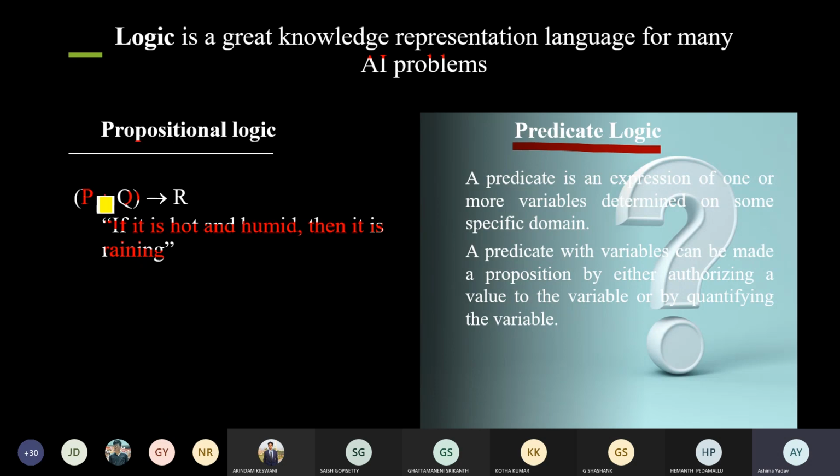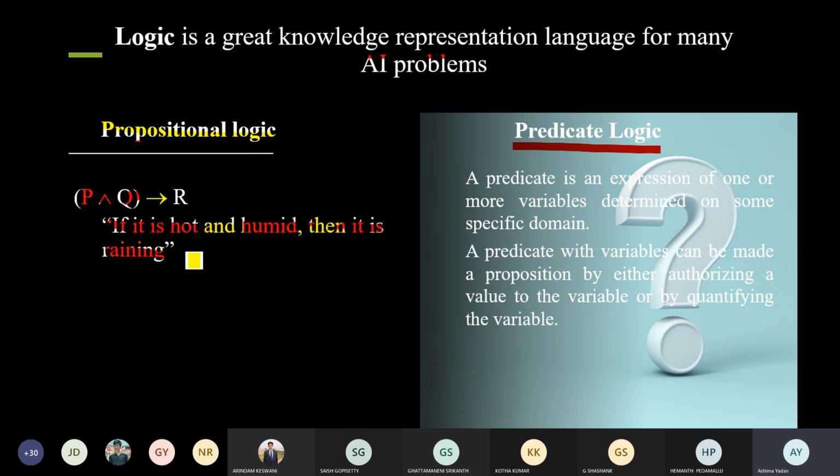This AND symbol which you see here denotes this "and", which is here. And this arrow denotes this "then" word, which is here. So this is how you represent the information with the help of logic. You have different AND, OR symbols which you might have studied. So this is how you can represent things here.